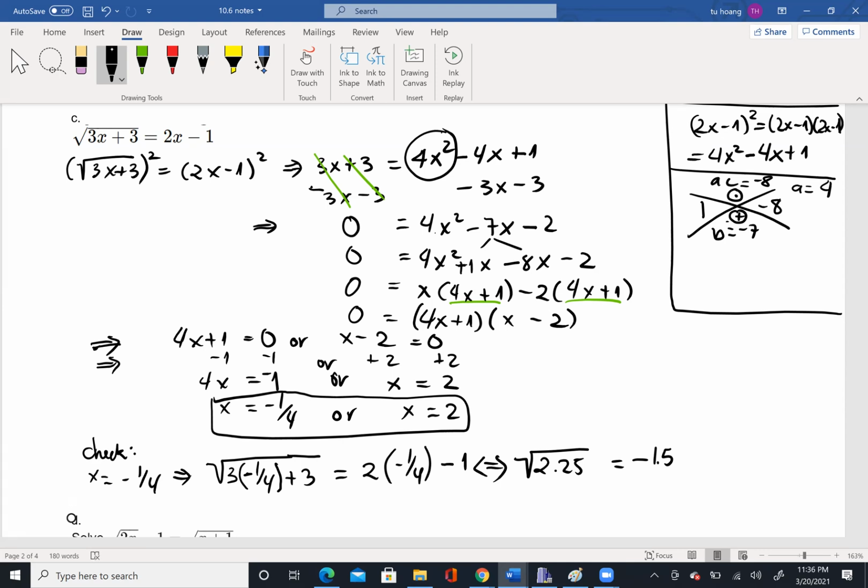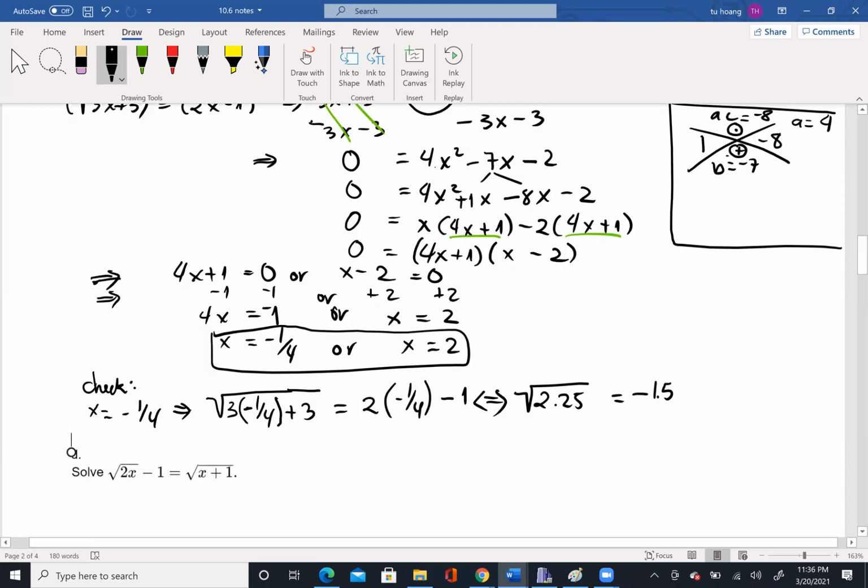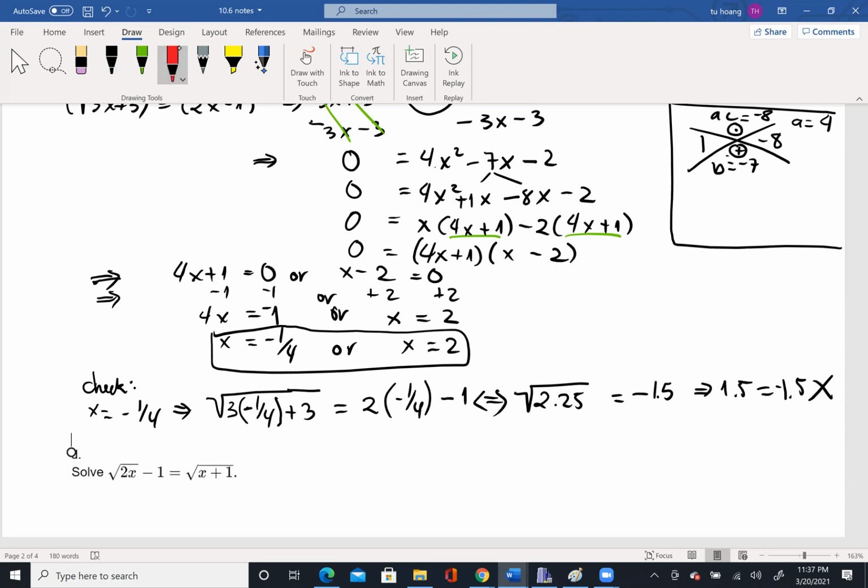Okay. So this is going to give me 1.5 equal to -1.5. So that is not good. That is not true. Not a true statement.